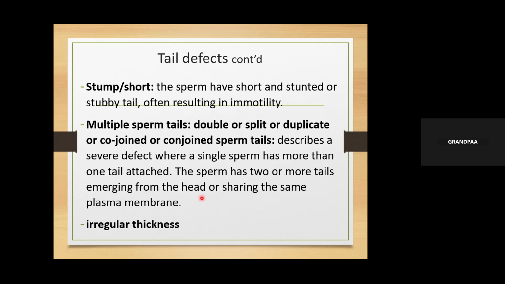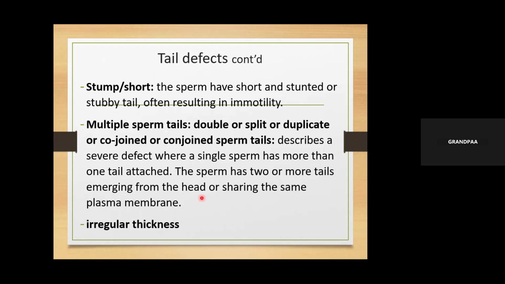So instead of having a single tail, you're having two coming out from the mid piece area. It describes a severe defect where a single sperm has more than one tail attached.